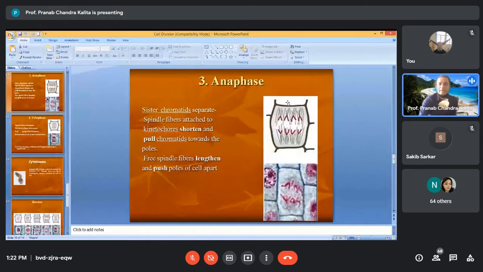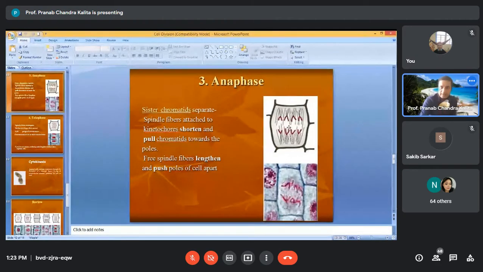Then in anaphase, what happens? The sister chromatids separate. Spindle fibers are attached to the kinetochores, shorten, and pull the chromatids towards the poles. Other spindle fibers lengthen and push the poles of the cell apart.